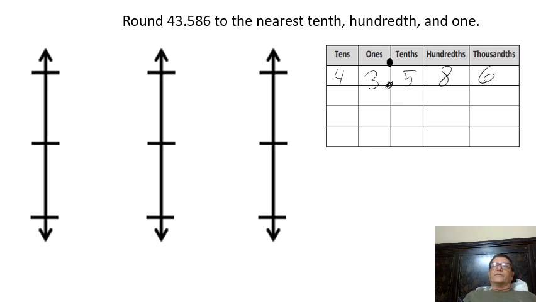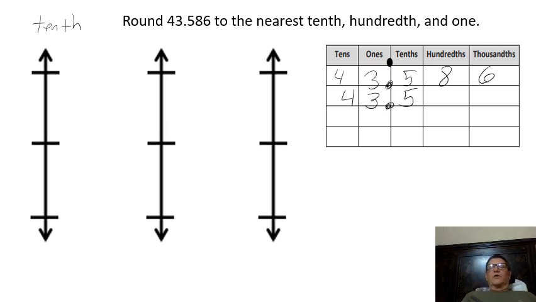586 thousandths. Now, the first one says that we're going to round this one here to the nearest 10th. So to round this to the nearest 10th, I'm actually going to be dealing with 43 and 5/10.